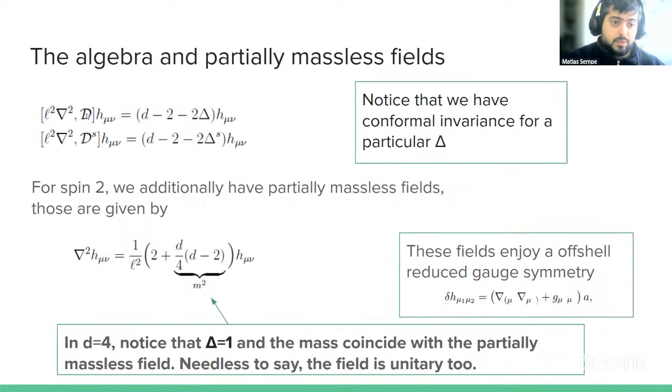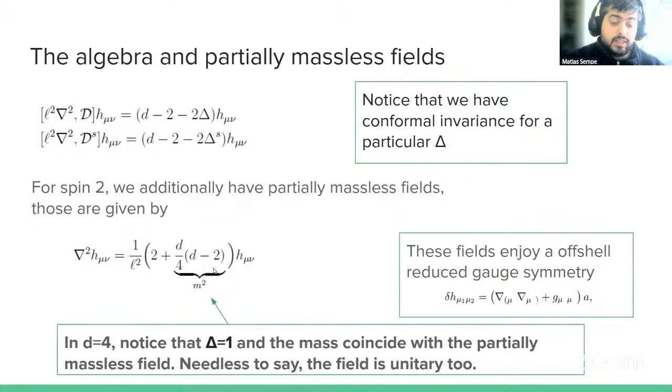This is the operator. And in particular, in that case, this additionally coincides with the partially massless field. So usually this m squared goes to 0, so we are in the strictly massless case.